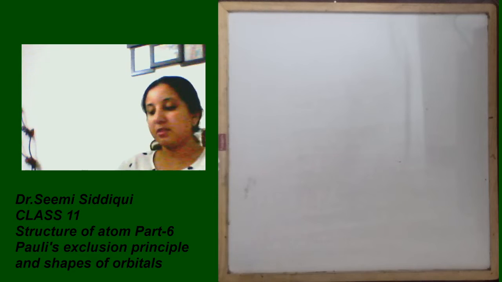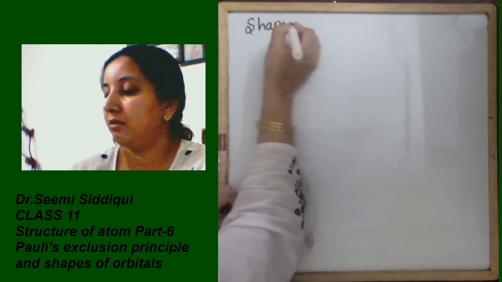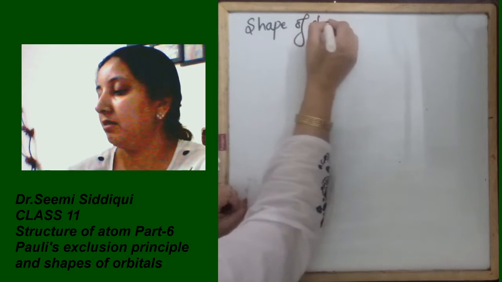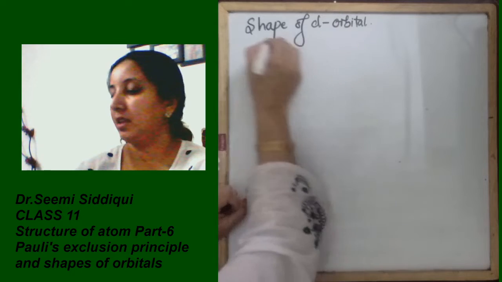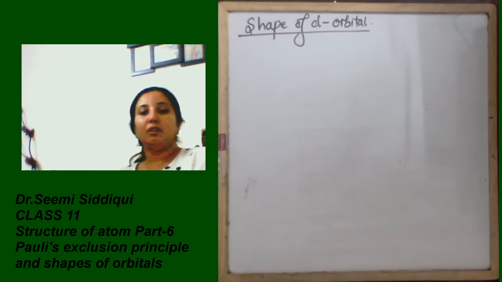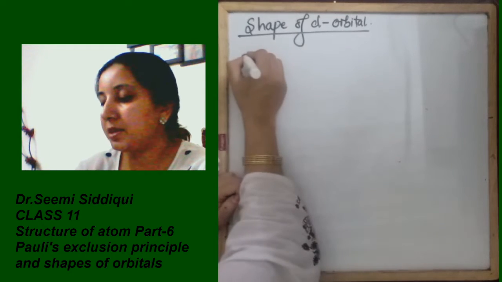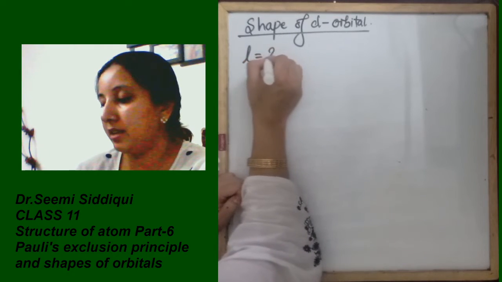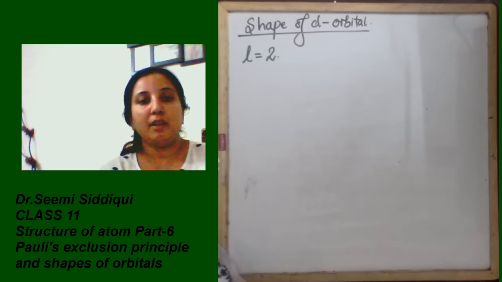Next comes the shape of d orbital. When we talk about the shape of d orbitals, it means the value of L is going to be 2.